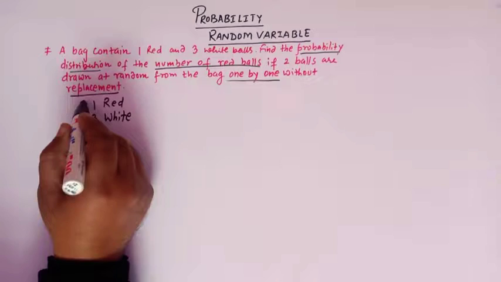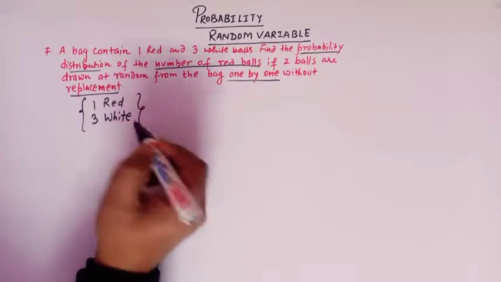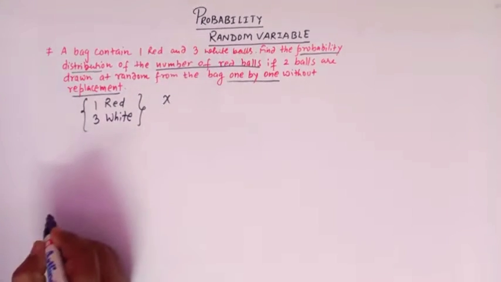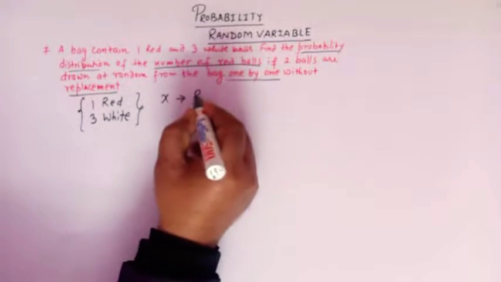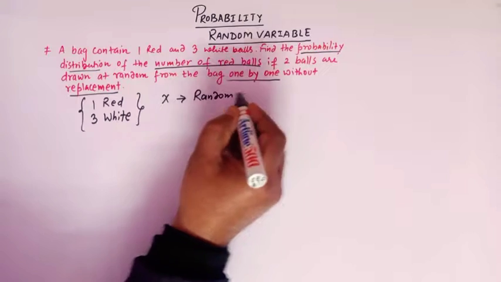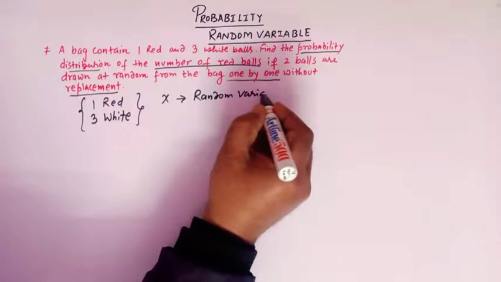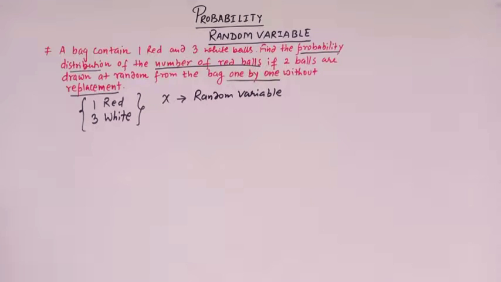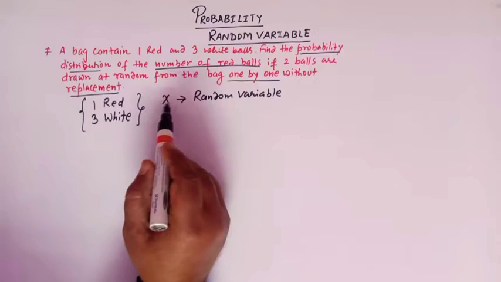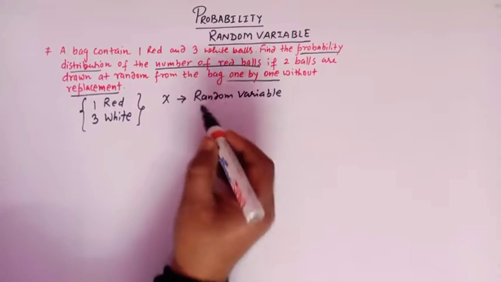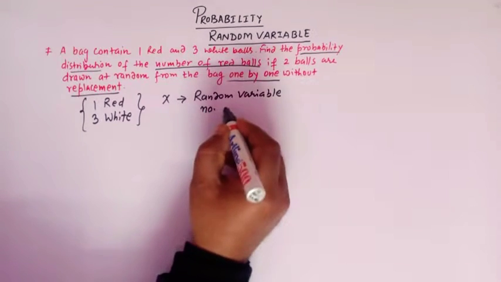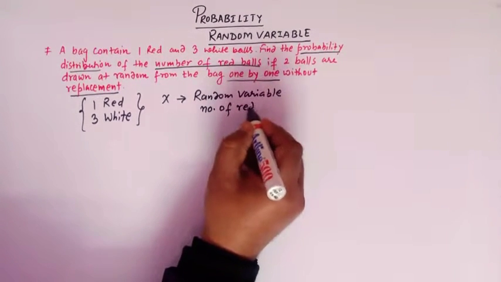So here what we will do, we'll take the random variable as x, right? So let x be the random variable. Now for more details you can watch my earlier videos on probability distribution, right? And here x denotes the random variable which gives us the number of red balls, right?